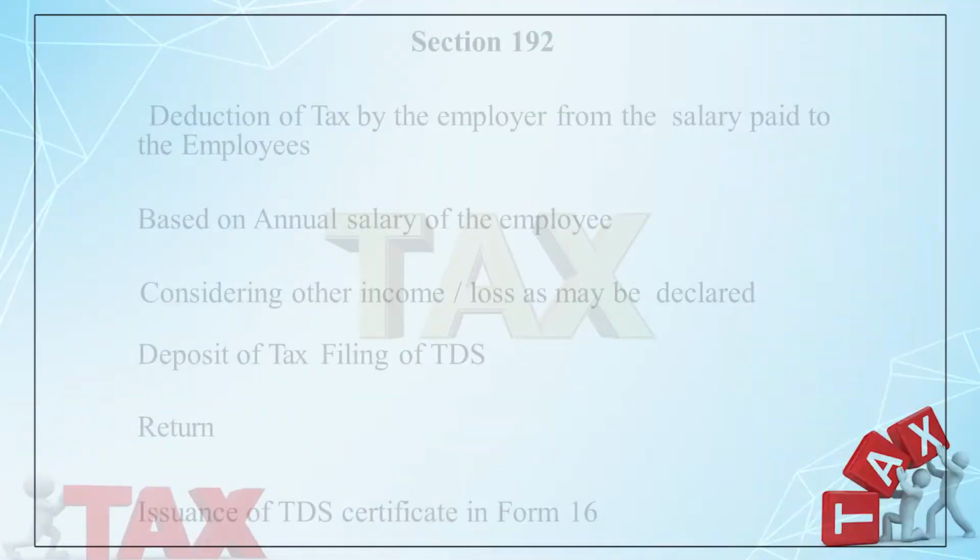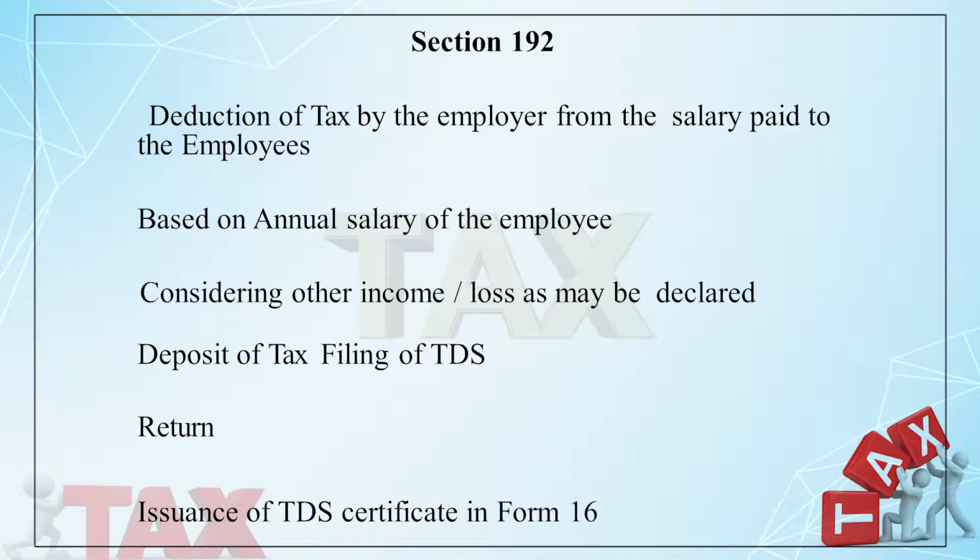The organization that pays me salary also has a responsibility to deduct the tax on that salary, spread equally over the year by the employer when paying the employee concerned. Section 192.